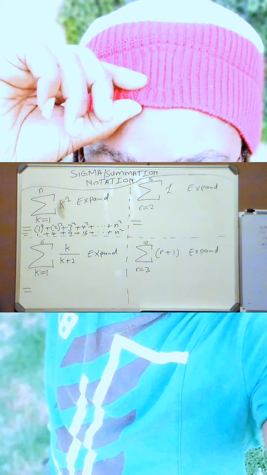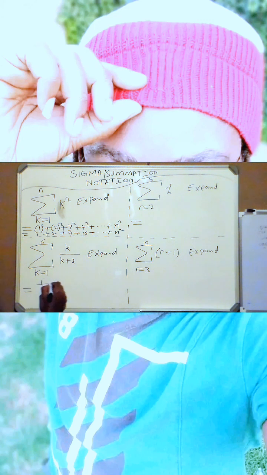Let's look at the second one. Again, we start from a lower bound of 1 to an upper bound of 6, right? So where there is K, we're going to substitute 1 and then increase by increments of 1 until we get to the 6th value. So this is what we have.